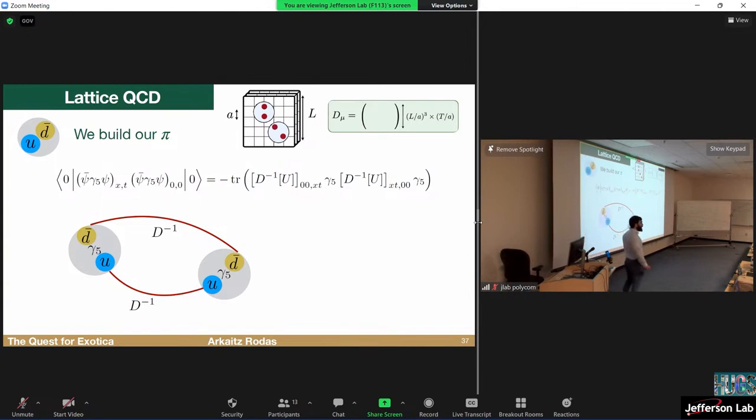Indeed, because the parity is negative, so it must have a gamma 5. So this is my pion, and this is my pion. And the contraction at the end of the day, basically we get the D bar with the D bar, and then we get the U with the U bar. And this is how we pictorially, well, this is a very ugly plot, but this is how we pictorially describe contracting a pion in the lattice.